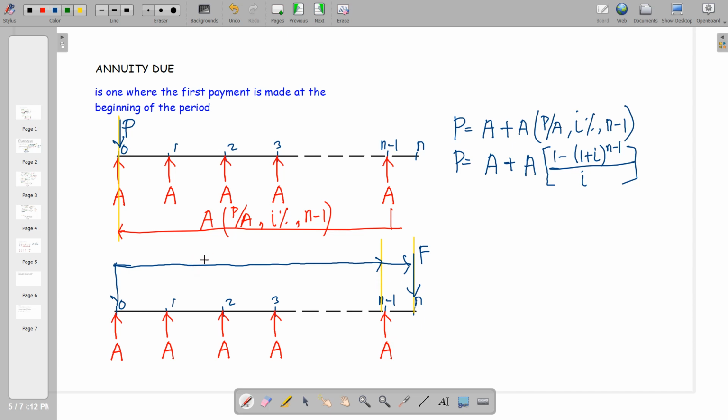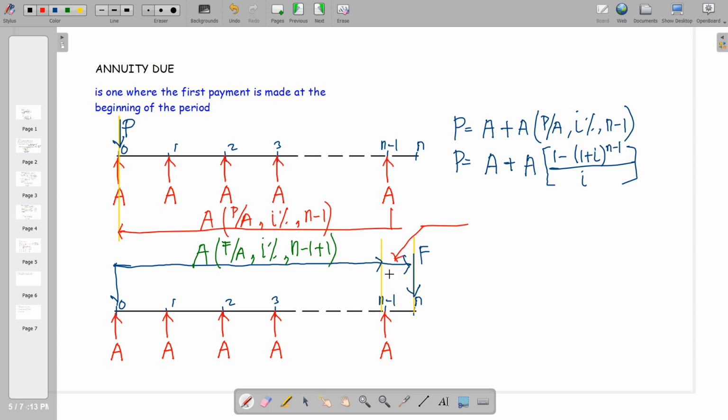So for this timeline, we have A times finding F given A at i% at n-1. But considering this, we also have another A here, so we need to add plus 1 because of this. In the ordinary annuity, supposedly it only goes up to here, and there should be nothing here. So since we have this one, we add plus 1 here, and then close that.